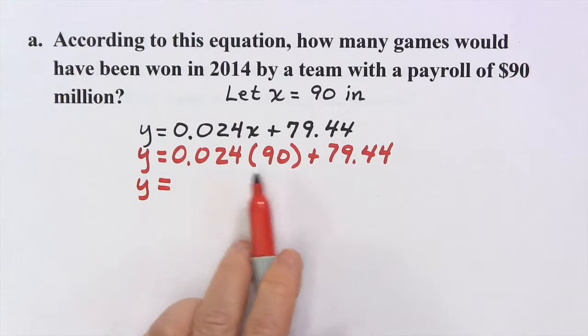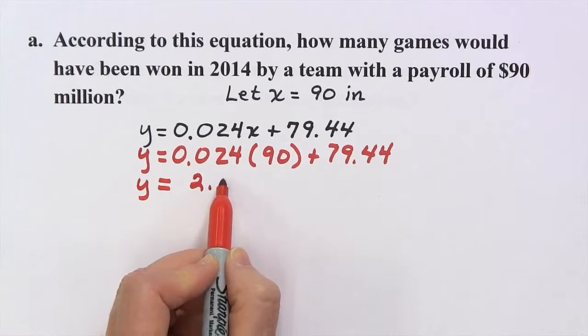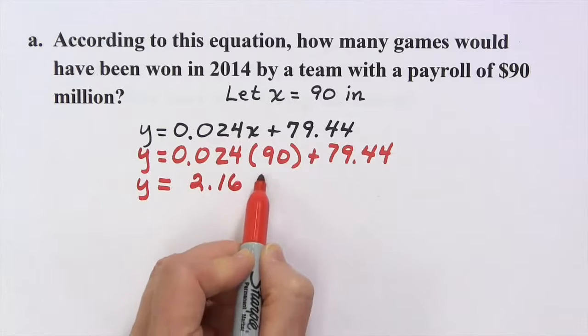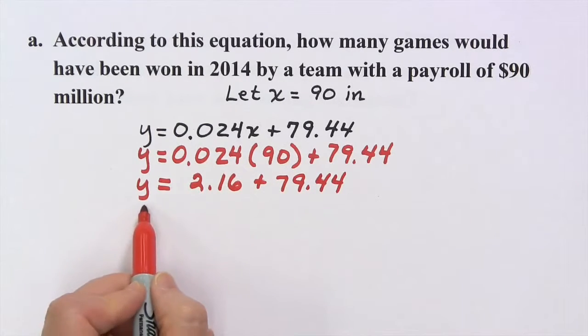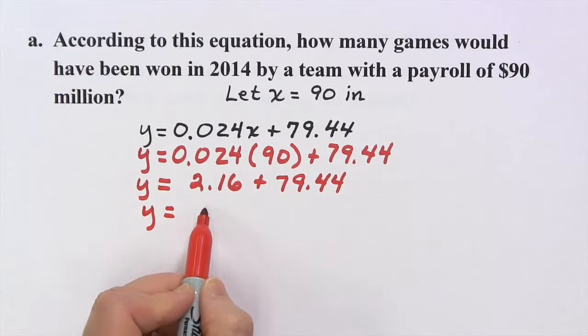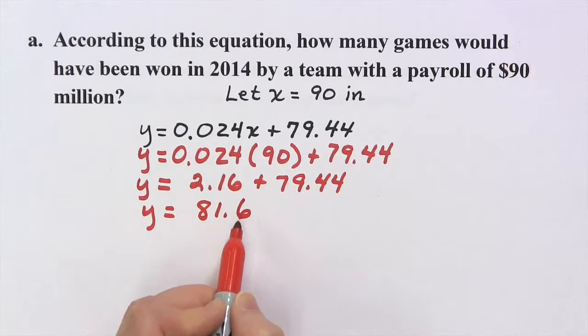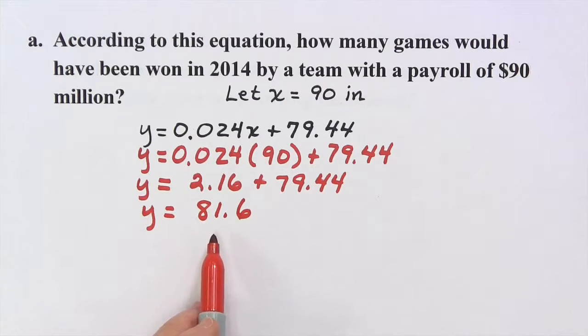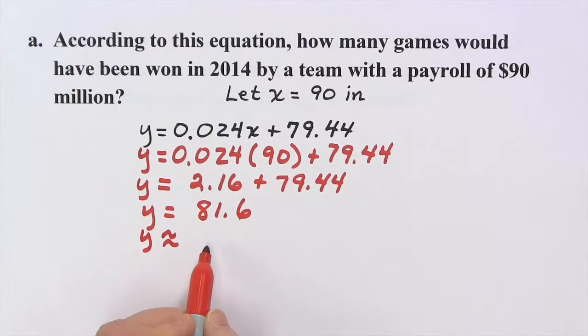If you multiply these two numbers together, I think you'll get 2.16, and then plus 79.44. Add the two. Y then is 81.6, but we're rounding to the nearest whole, right? So Y is approximately 82.